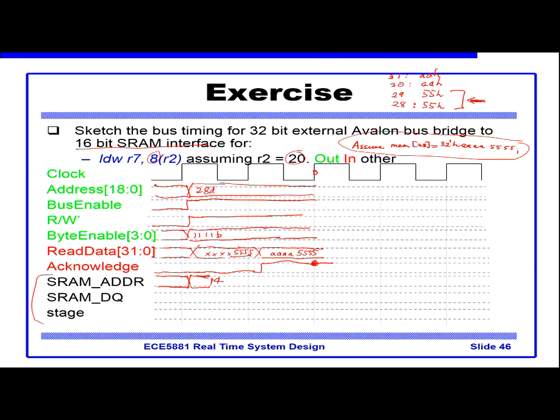So we have to divide that by 2, and what that really means is we're throwing away the lower order address bit, which is 0 anyway. Okay? So we've got to send a 14 to this device. So at address 14 in the SRAM, you're going to see this 16 bits, which is the 5555 hexadecimal.